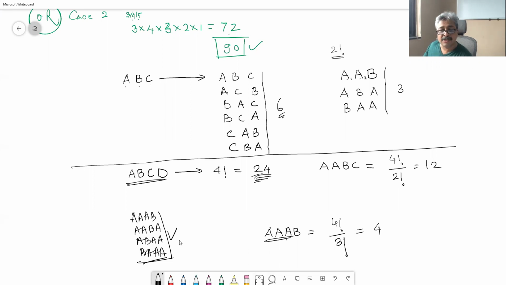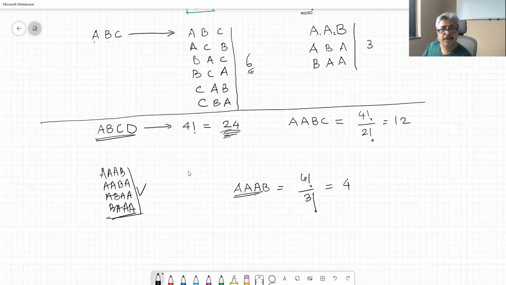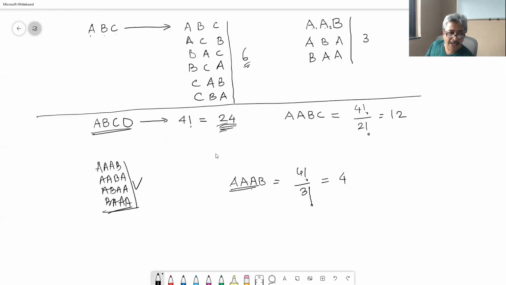Okay, now let me make this question a little difficult. The difficulty is, suppose I have A, A, B, B. Total 4 letters, it would have been 24, 4 factorial. But it is not that easy. Both A's look alike, both B's look alike.